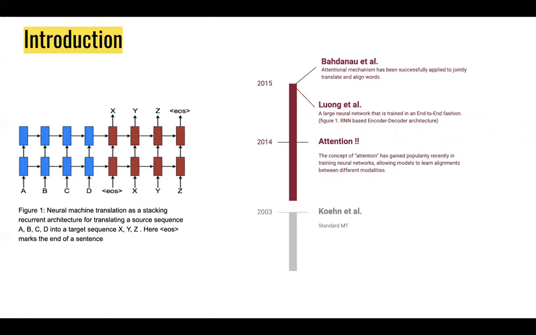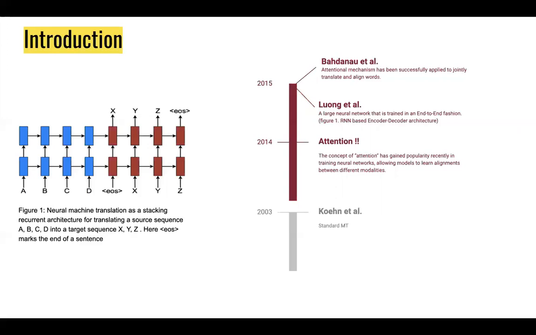In 2015, for Bahdanau, they used an attentional mechanism to jointly translate and align words. And for Luong, they use a large neural network and train it in an end-to-end fashion.